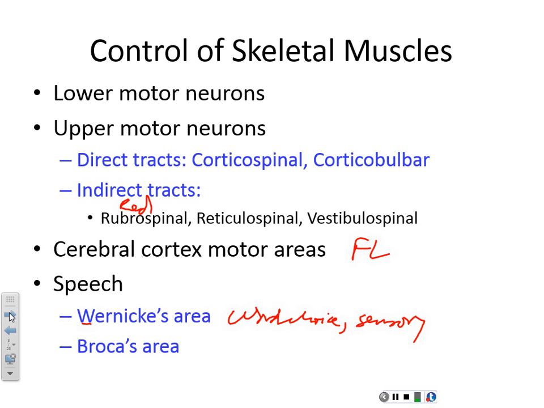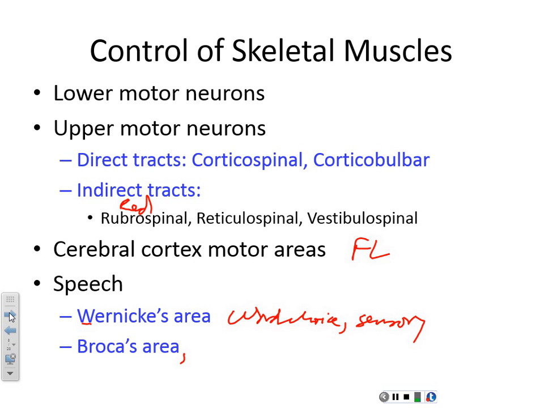It's connected to Broca's area by the arcuate fasciculus, which is in your notes. It's an association area that connects the two. And Broca's area, what does it do?